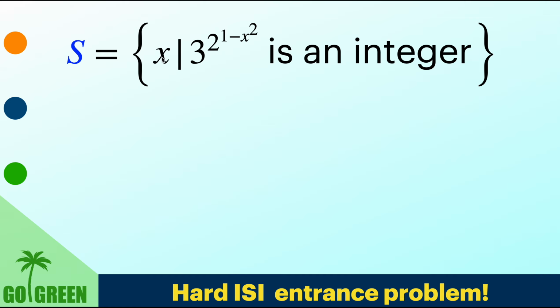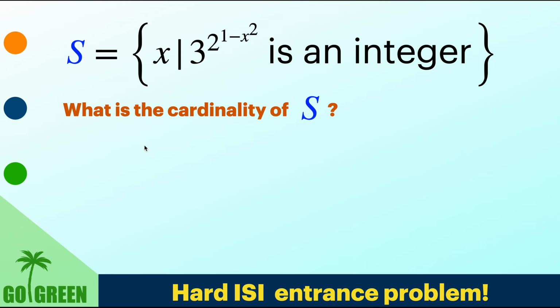For example, 0 is already there, since at 0 the value is 9, and 1 is also there, since at 1 it is 3. So 0 and 1 are already there. What are the other values? We may not know, but we just want the cardinality of S. This is the actual question.